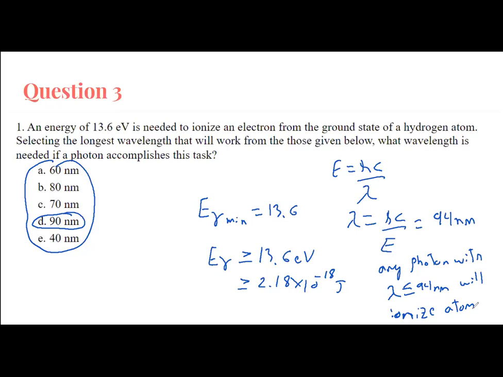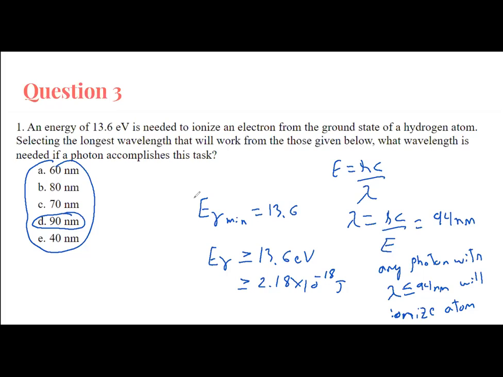To be fully ionized from the ground state, it needs 13.6 electron volts of energy added to the system. Minimum, yeah. So suppose there's a photon that has exactly that minimum energy, 13.6. If you observe that photon, the corresponding wavelength ends up being 94 nanometers. A photon that has 13.6 electron volts of energy has a wavelength of 94 nanometers. Does that make sense?